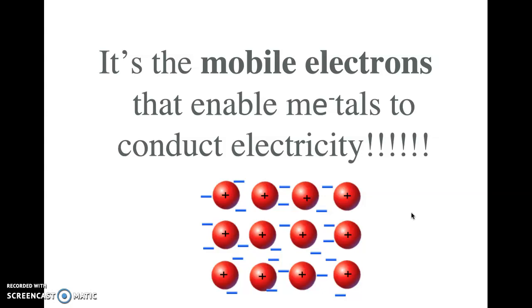The reason is because we have mobile electrons that can kind of leapfrog over each other. Like I said, the electrons are negative, so if you watch one go over a positive, that's kind of leapfrogging over. And so they don't really break. That's the big advantage to a metallic bond: they don't break.